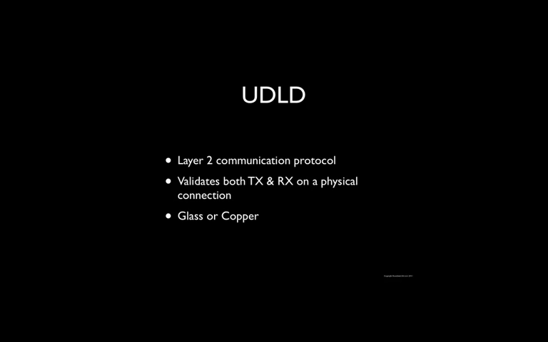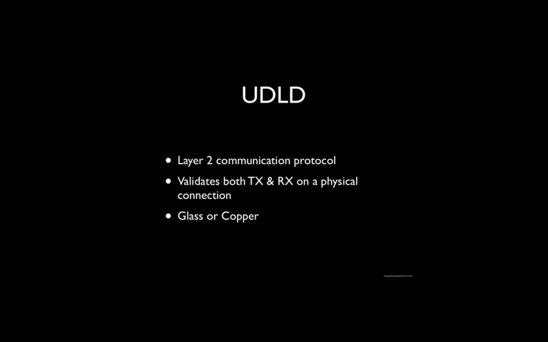Now, this does differ from loop guard that we had in our spanning tree configurations in that it uses its own keepalive. Spanning tree for loop guard uses STP BPDUs in order to detect unidirectional links. UDLD has a much more simplistic, faster and more reliable keepalive mechanism built into the UDLD mechanism itself.